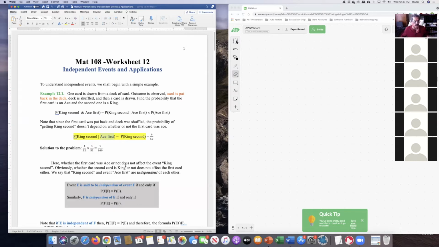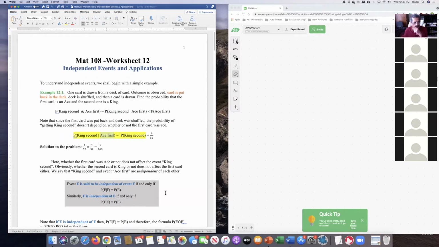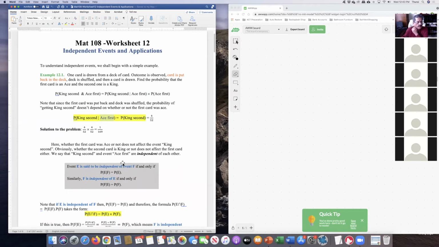We're going to learn more about independence and then we'll do some more examples. So we say E is independent of F if the probability of E given F is the same as simply the probability of E. E is independent of F means E doesn't depend on F. It doesn't depend on whether F has happened or not.